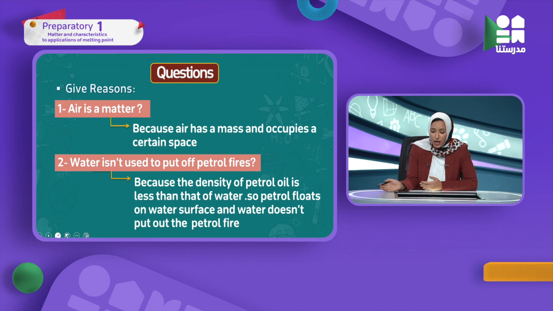So basically what will happen? The petrol will float above the water surface. So water doesn't put out the petrol fire. Okay? That was one of the applications, so this is a question on it. It asks you to give reason why I cannot use water to put out petrol fires.